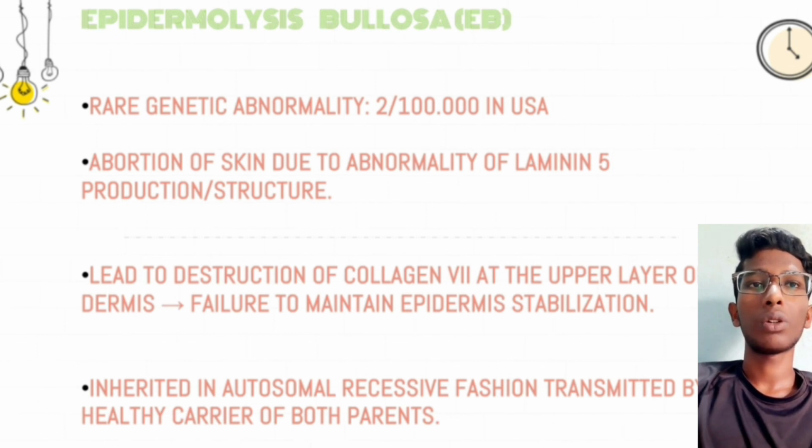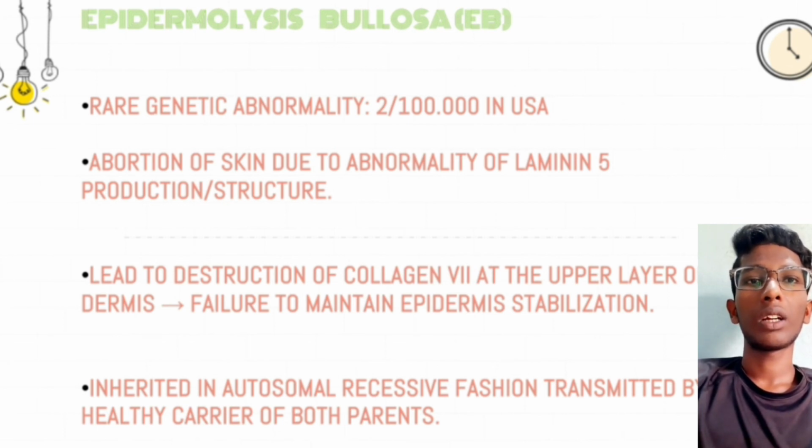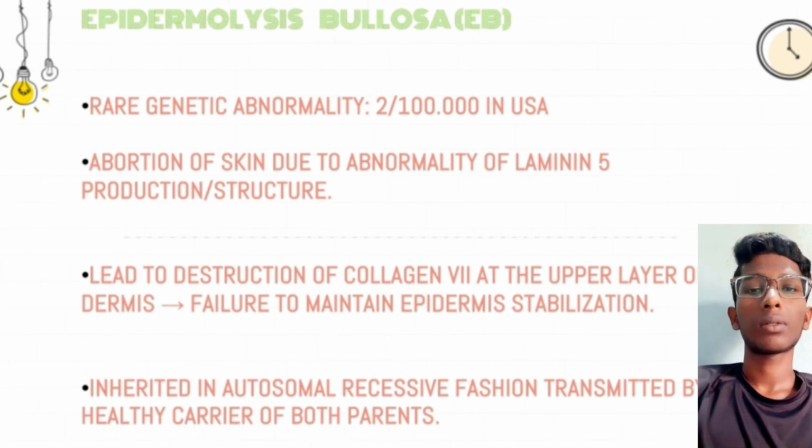Blistering of skin due to abnormality of laminin 5 production structure, leading to destruction of collagen 7 at the upper layer of dermis, failure to maintain epidermal stabilization, inherited in an autosomal recessive fashion, transmitted by healthy carriers, both parents. Thank you.